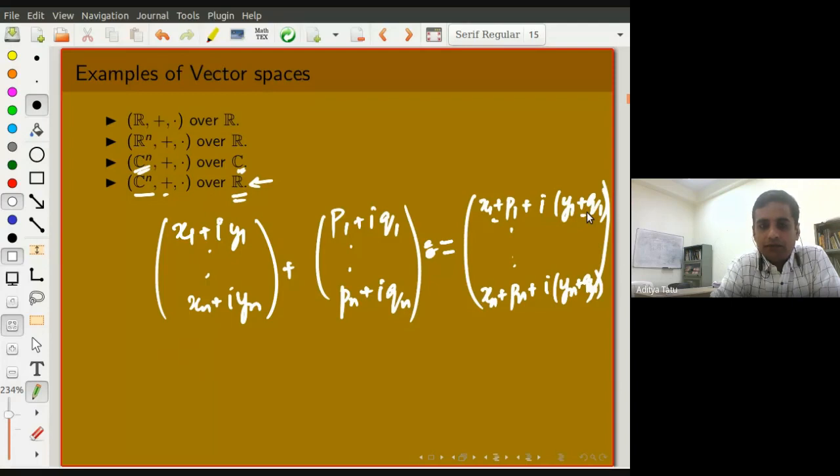Any doubts here? Any particular axiom that you feel is difficult to show in this case? Then we can go through that particular axiom.